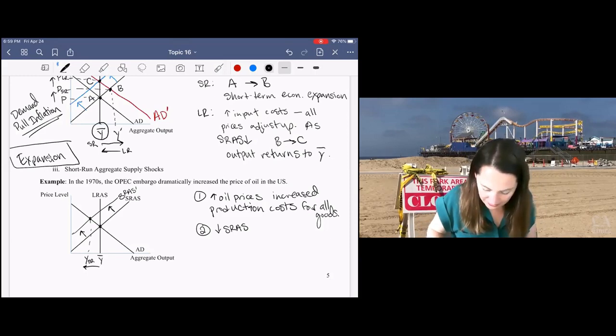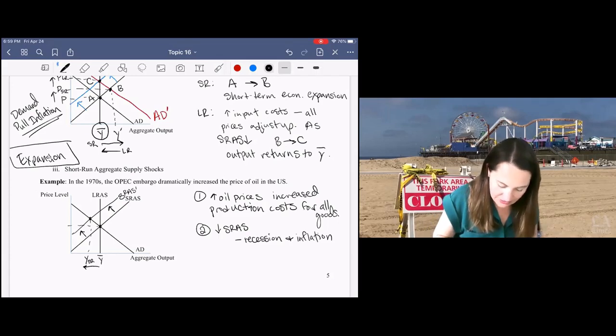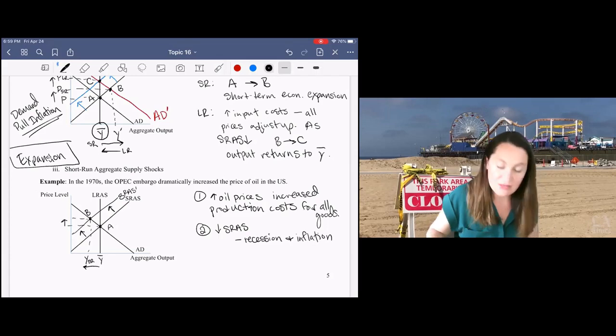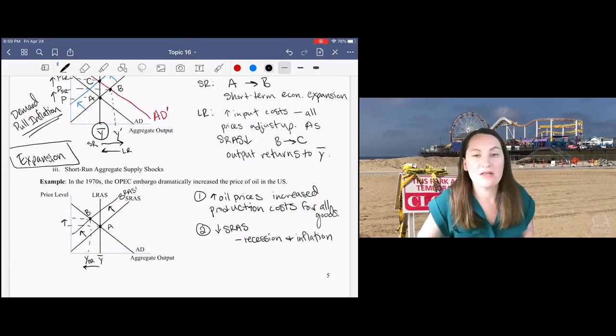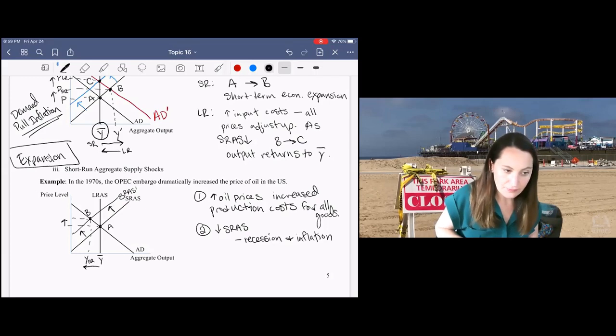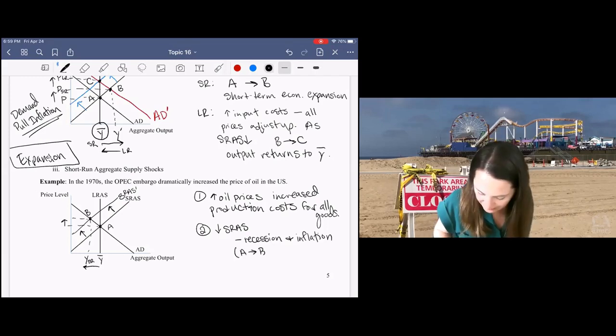And that means recession, decrease in output, but also coupled with inflation, increasing prices. And this is different than what we saw in our aggregate demand shock example, because in the aggregate demand shock example, recession would have been accompanied by deflation or lower levels of inflation. In the short run, we move from A to B.